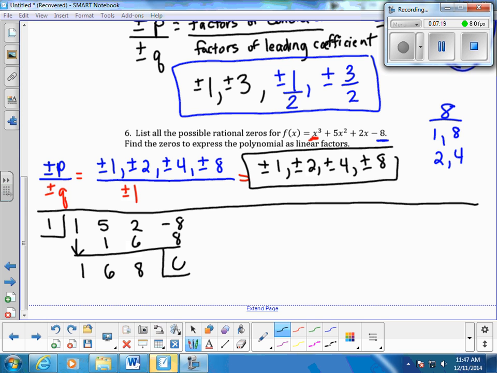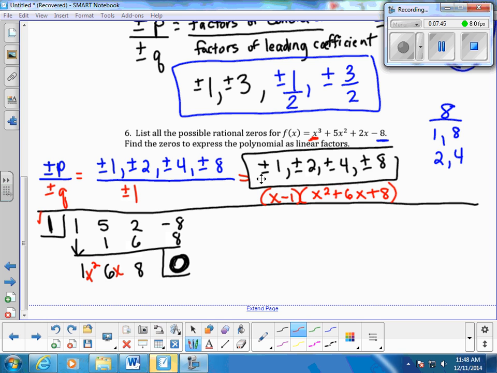And I was lucky because I know since I got a 0 that 1 is a factor. Okay? And all that means is now I have x minus 1. If the original polynomial is an x to the third, then this is an x squared. So what's left is x squared plus 6x plus 8. So I got lucky and I found one.